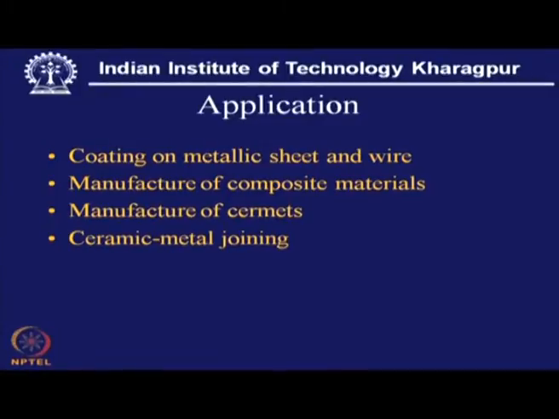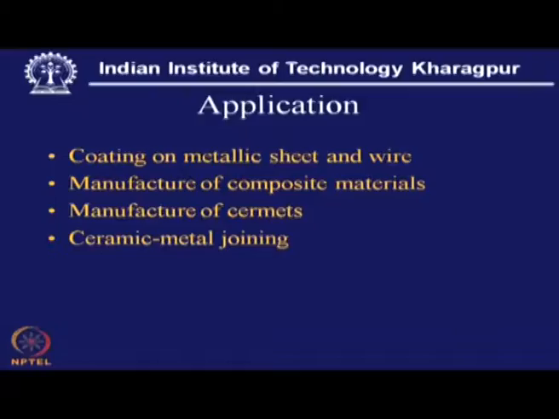Then manufacturing of the cermet, it is basically a composite material where the ceramic particles are dispersed within a matrix of properly chosen metal, and in this case also the metal holds the ceramic surface by putting a coating, and this coating is done by the mechanism of wetting.